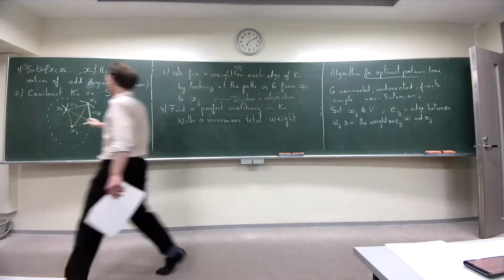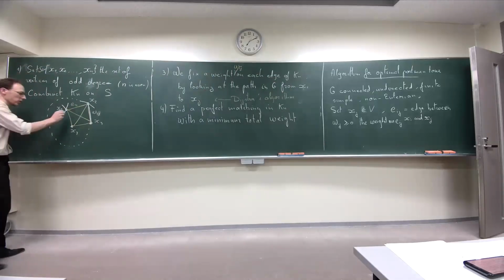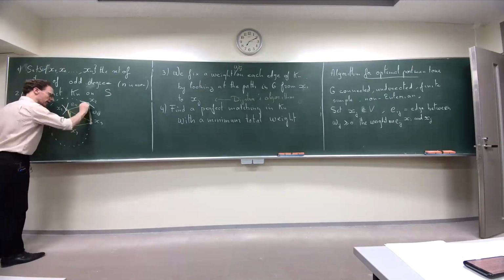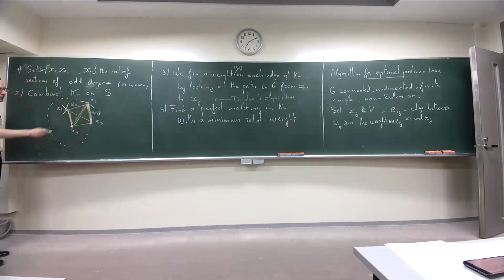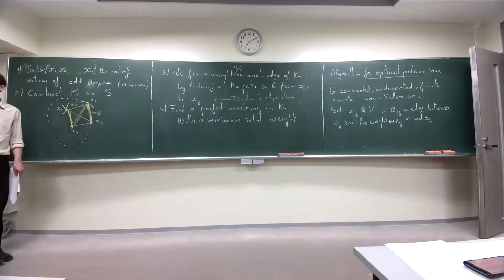Look, I have weights, here we are only looking for 2 edges. I have weights everywhere on all the yellow ones. I look for the perfect matching. It's going to be complicated. Let's see. This one and this one, because the sum of the weight here and the weight here is the minimal one among all possible perfect matchings.